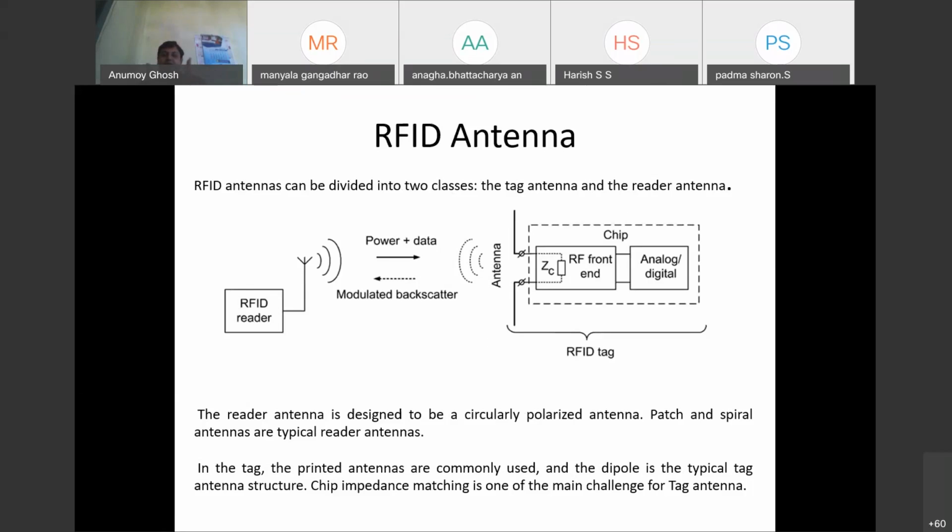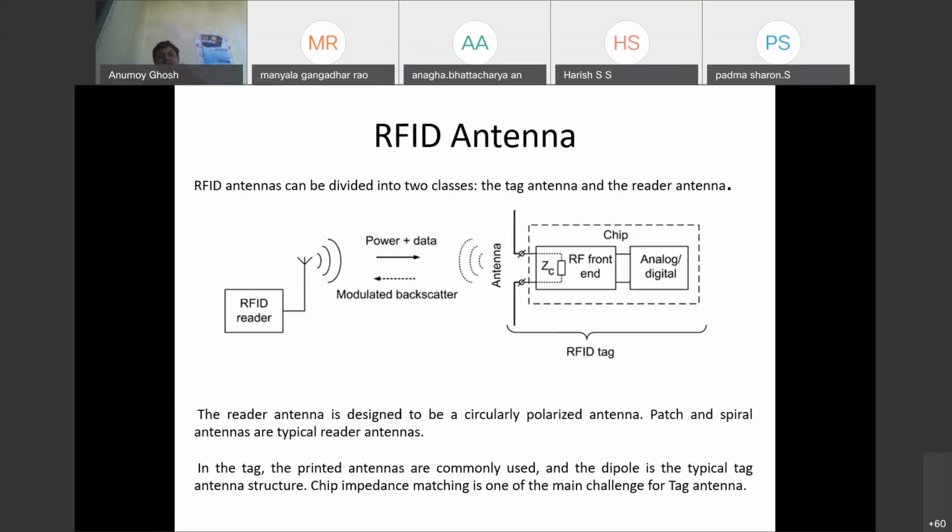When the electric field from the RFID tag comes to the RFID reader, the power received will be mod of E square cos square theta. Now cos square theta will always be less than 1, so mod of E square cos square theta will always be less than mod of E square. That means if the tag antenna is not exactly parallel to the reader antenna, then there will be some loss of power due to the polarization mismatch.